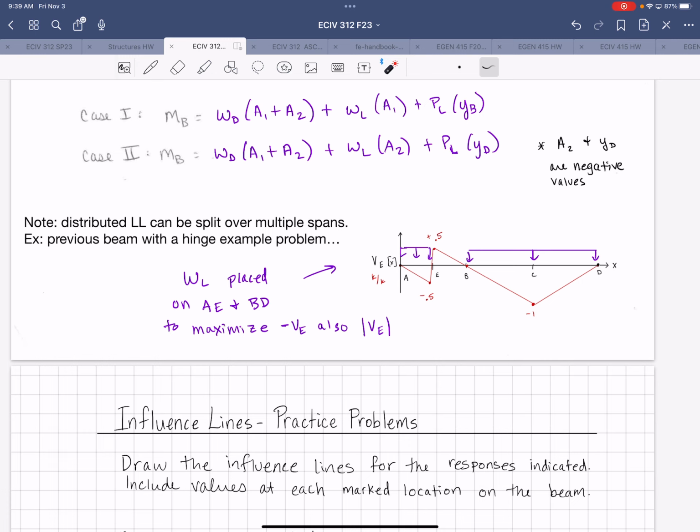Because the dead load will cause a net negative value for shear at E. And it may or may not be enough to offset by placing just on the positive area for the live load, right? Questions?